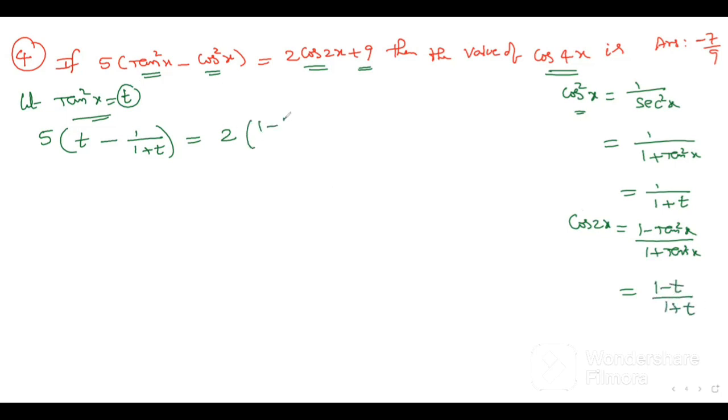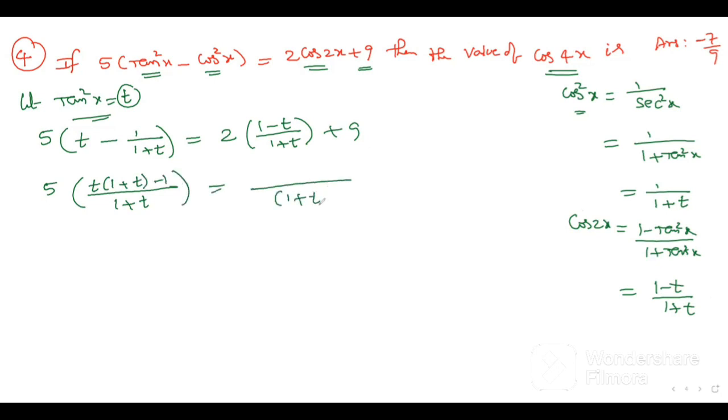So 2 times of 1 minus t by 1 plus t plus 9. Here 5 times, so what is the LCM here? 1 plus t. So t into 1 plus t minus 1 is equal to, the right side LCM also 1 plus t, 2 into 1 minus t plus 9 times of 1 plus t.